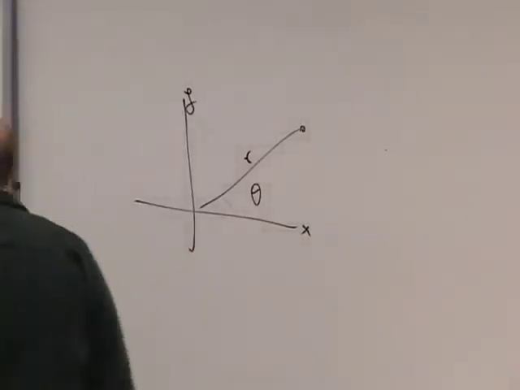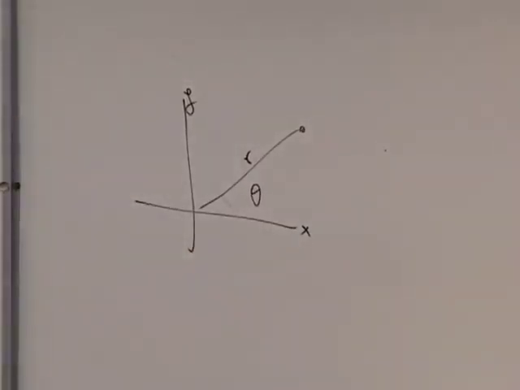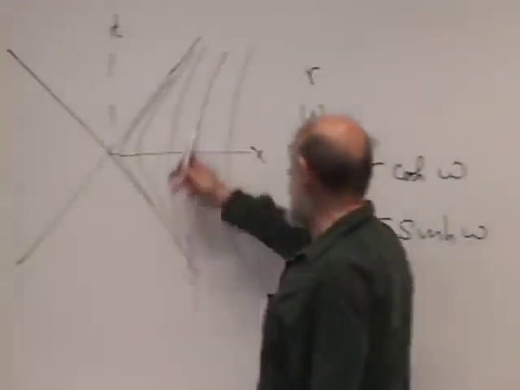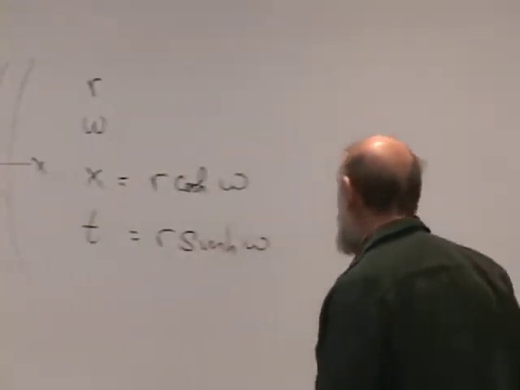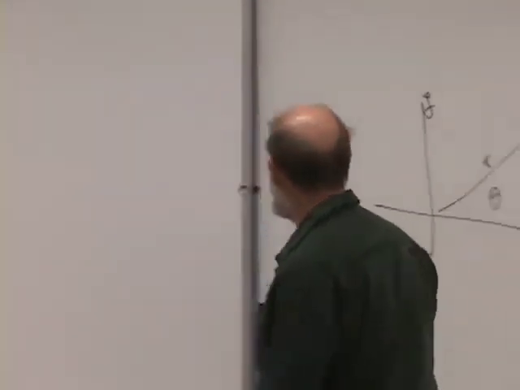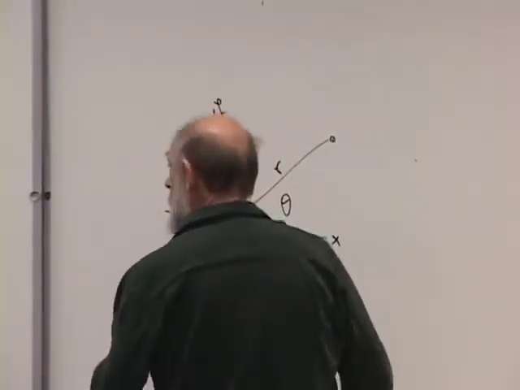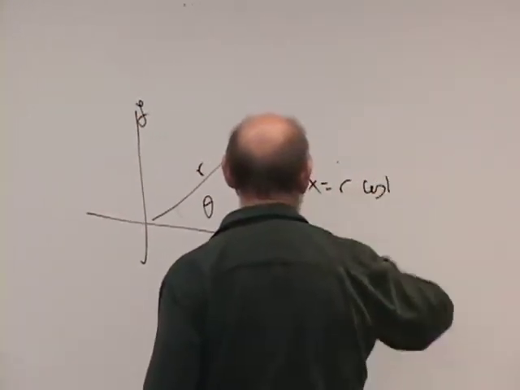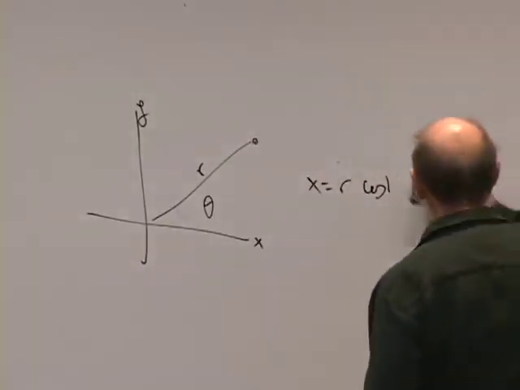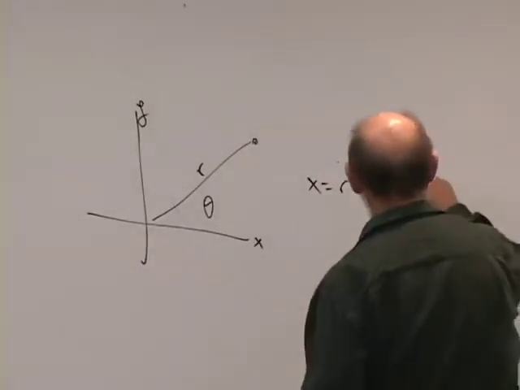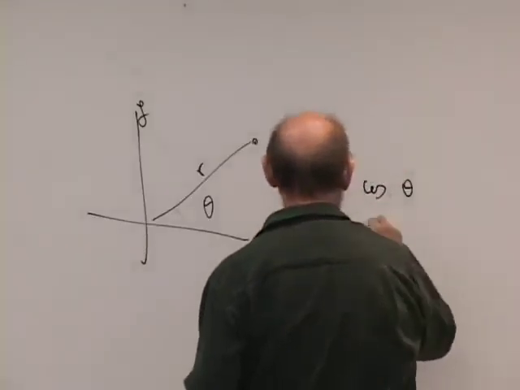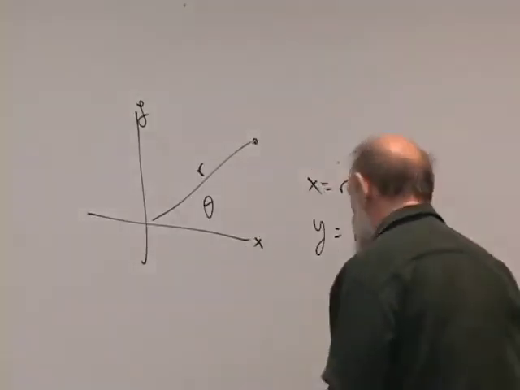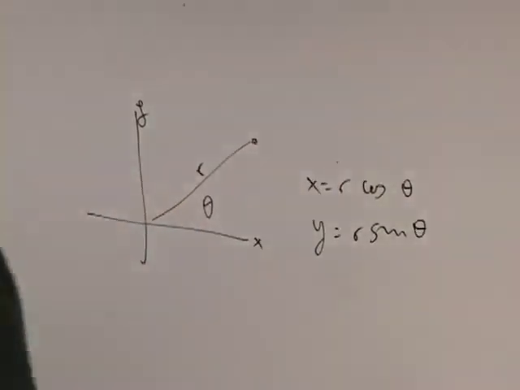It doesn't go from 0 to 2 pi, it goes from minus infinity to infinity. And it's a time-like variable. It's obviously moving more in a time direction than in a space direction, and it's some sort of time along these trajectories. The analog here would just be x equals r cosine theta, ordinary cosine, not hyperbolic, and y equals r sine of theta. Okay, that's just to keep in mind the analogy.